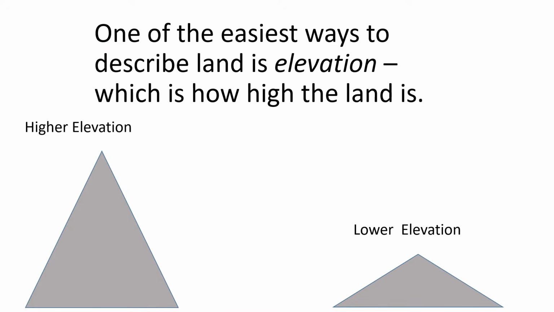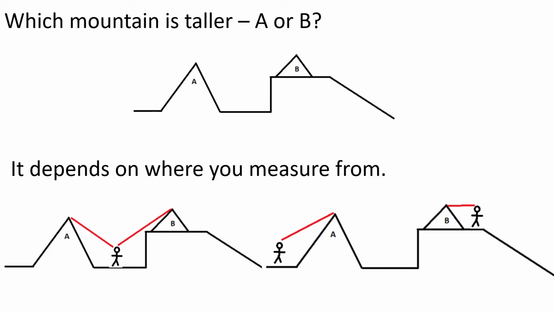Now, one of the easiest ways to describe the land is the word elevation, which is basically how high the land is. And it's a pretty simple concept. You can see that that's higher up than that. We would say the term higher elevation versus lower elevation. But if we look at this diagram, well, which mountain is taller, A or B? That might depend upon where you're measuring from.